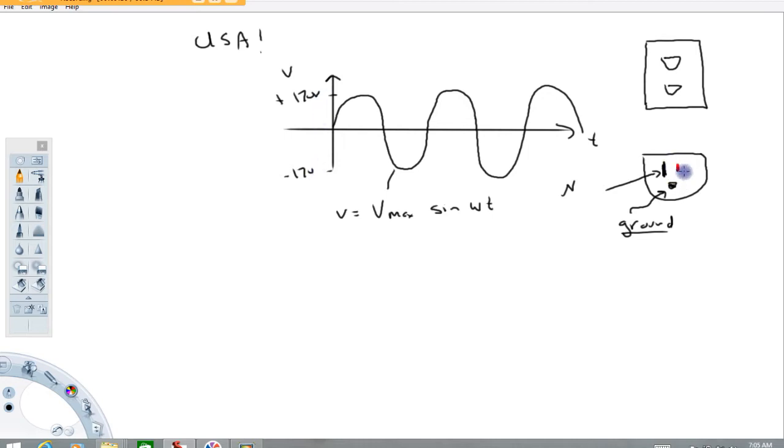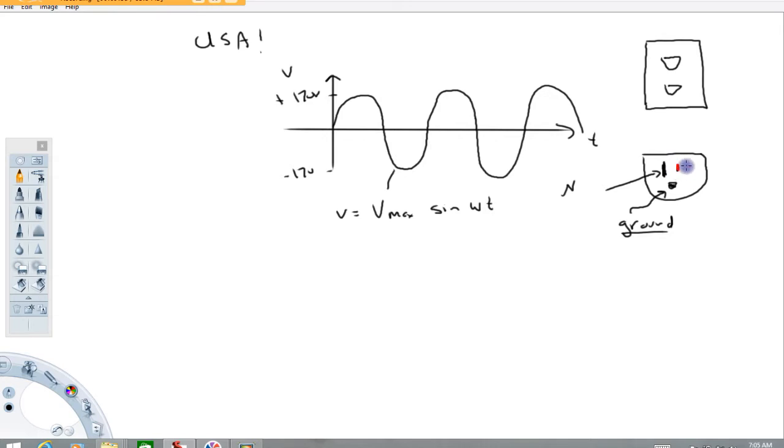You could define outward as positive or inward as positive. So in this part of the graph, perhaps the voltage is trying to push current at you, and in this part of the graph the voltage is trying to push current away from you. But you could completely reverse that if you want, and say that in this part of the graph the voltage is trying to pull current away from you, and in this part it's trying to push current towards you.